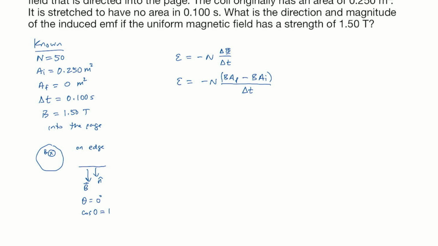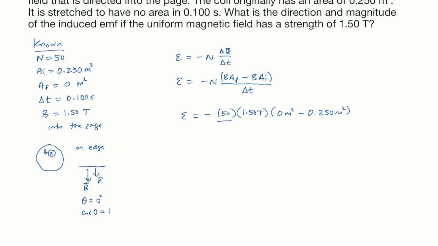Okay, so we can make our substitutions. We have minus N, which is 50, and then we'll factor out the B, the 1.50 Teslas. Then we have A final, which is 0 meters squared, minus A initial, which is 0.250 meters squared.